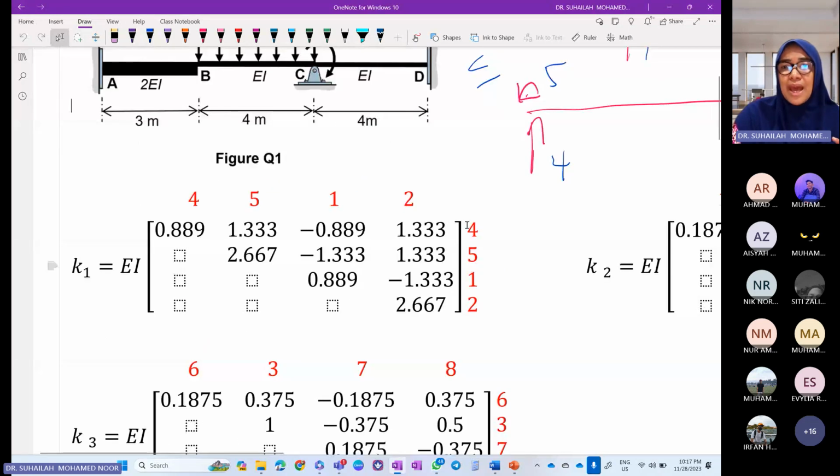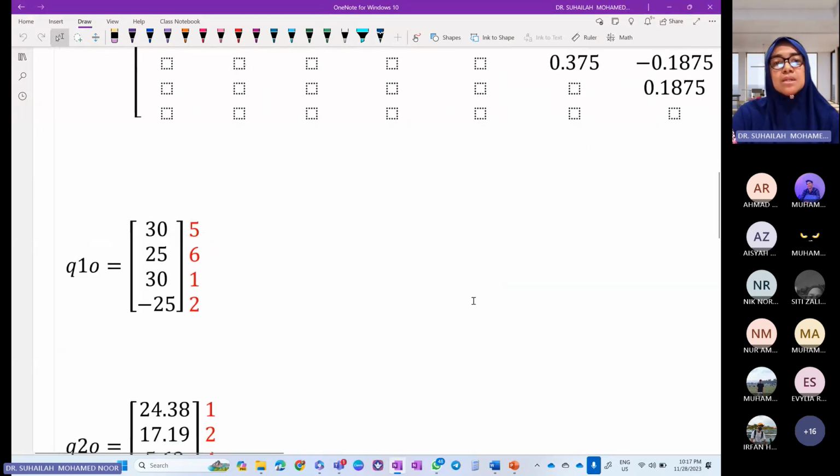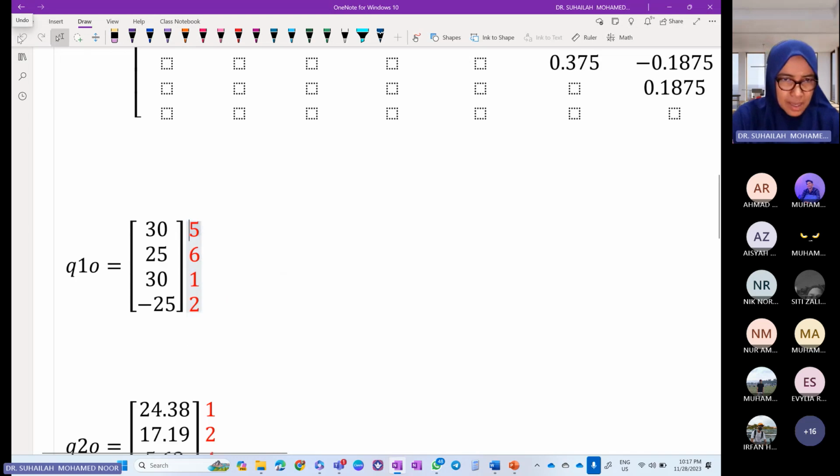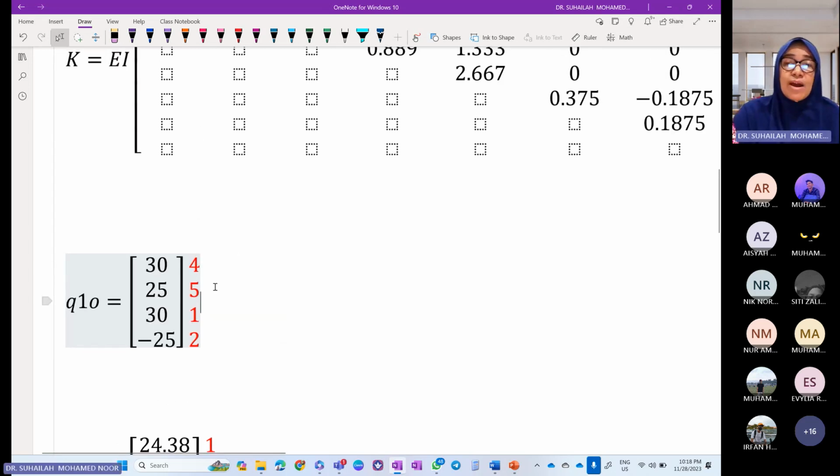And the label, we have to follow the label we used for the K. So it is the same label. It is 4512.